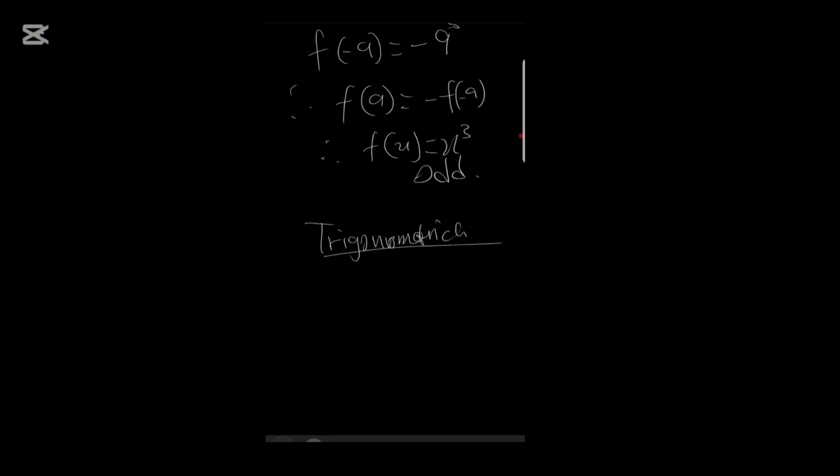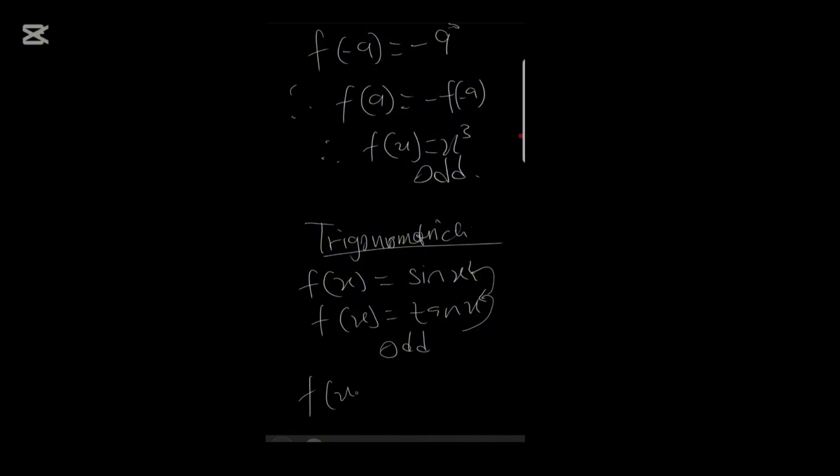So under trigonometric functions, whenever f of x equals sine x or f of x equals tan x, these two functions are what? They are odd functions. While if f of x is equal to cos x, this one is an even function.